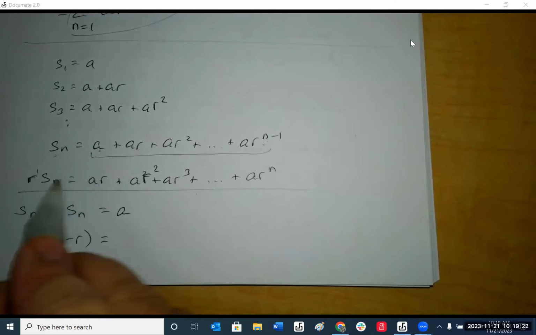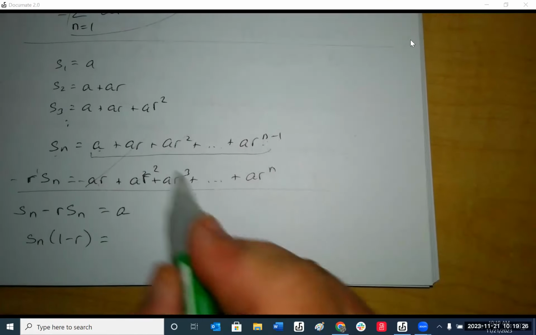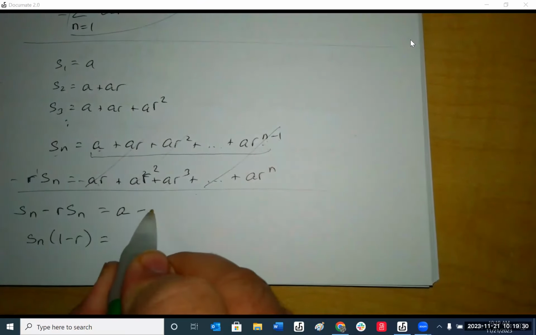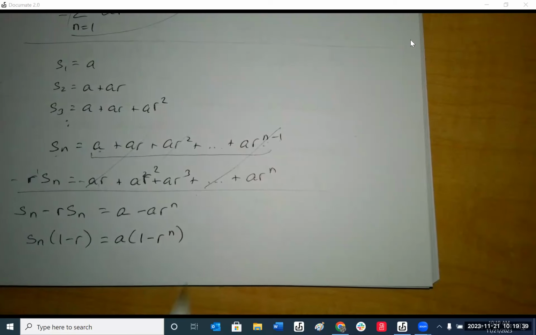Now, these cancel, because these will be minuses. So these are all changed negative. So that cancels, that cancels, that cancels. So we have all the way up to AR to the power n, which is A(1 minus R^n).